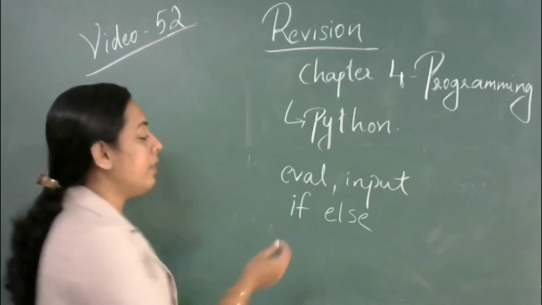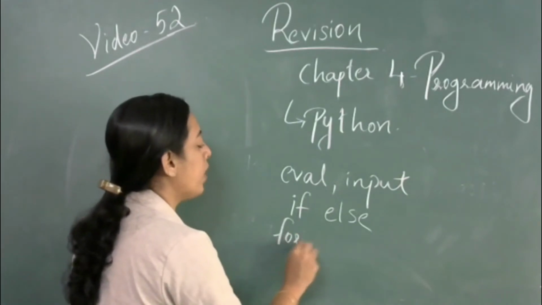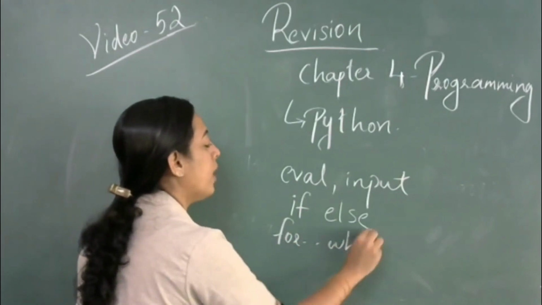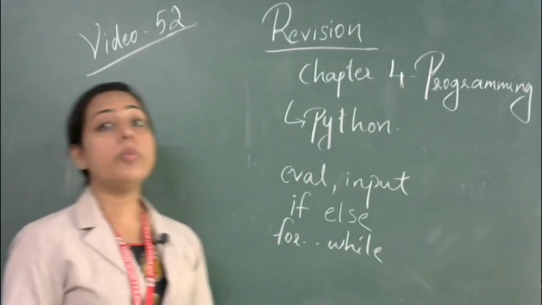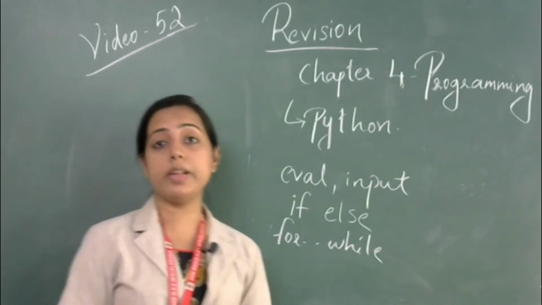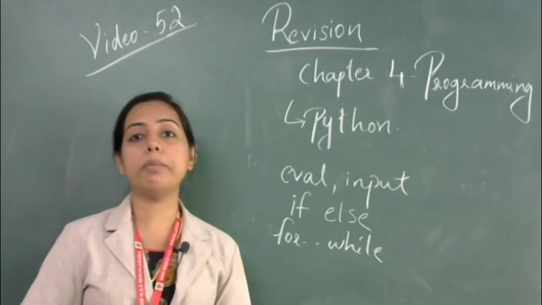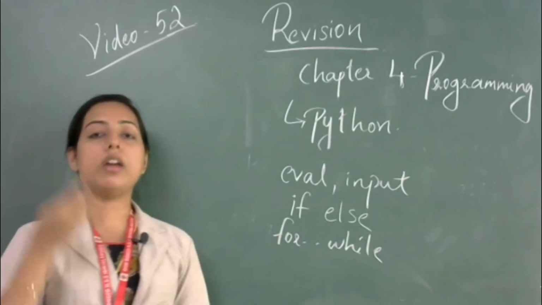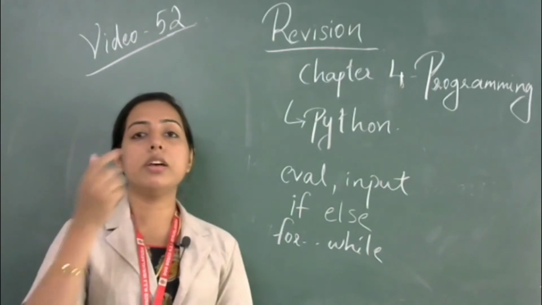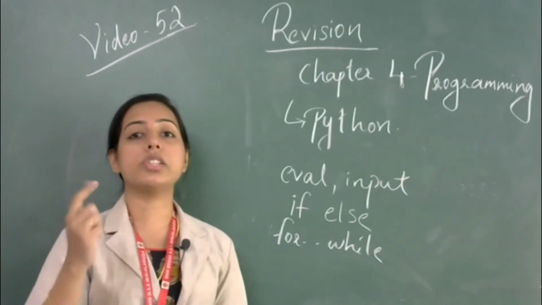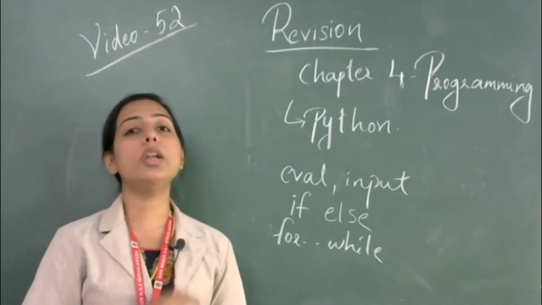And after that we studied for and while. For and while statements are looping statements. Looping statement means what? A repeating statement. For example, odd numbers and even numbers. If you are doing odd numbers and even numbers from 0 to 10, the condition must be repeated. So that is the looping statement.